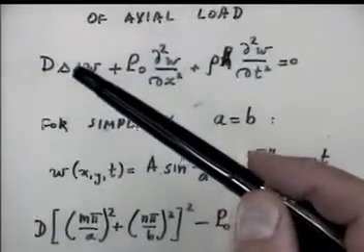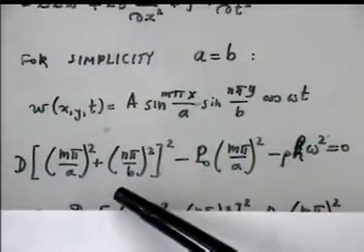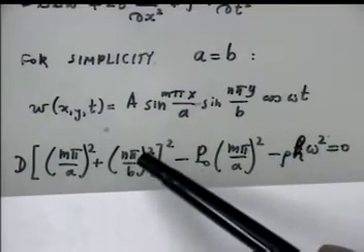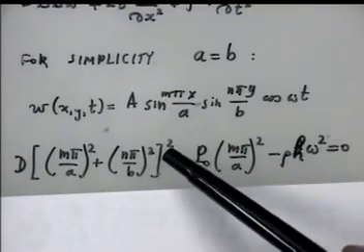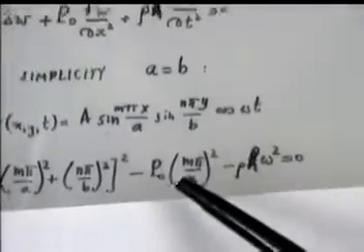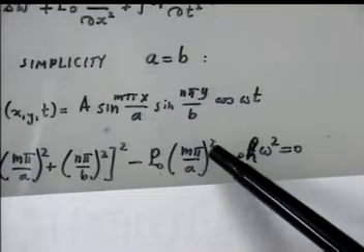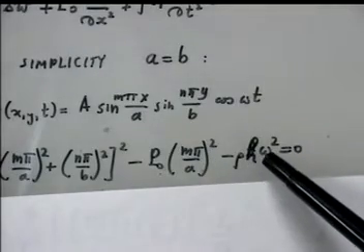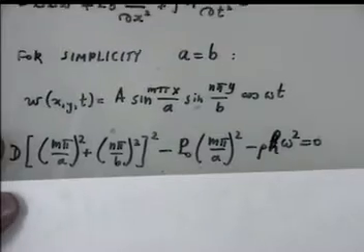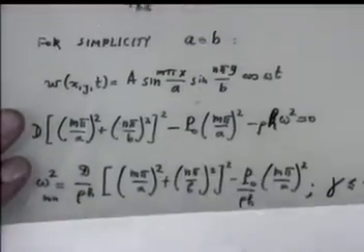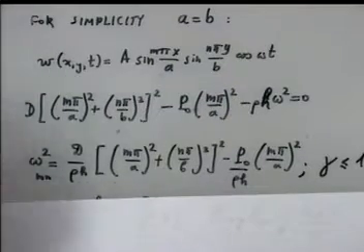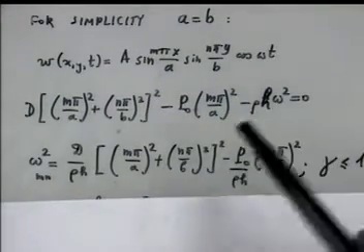But then I am applying it again, I will get minus times minus, and we get plus m pi over a squared plus n pi over b squared, squared, minus p0 m pi over a squared, minus rho h omega squared. So from here we will immediately get omega squared, natural frequency.